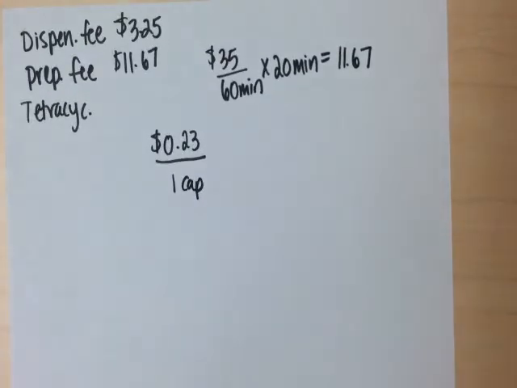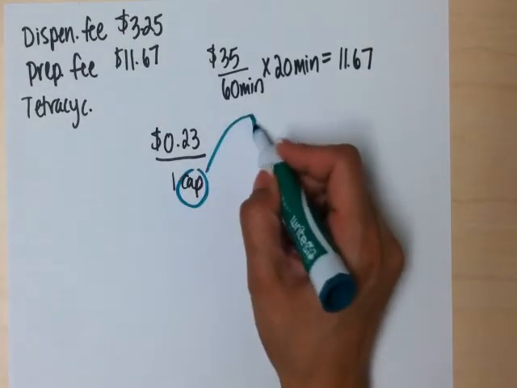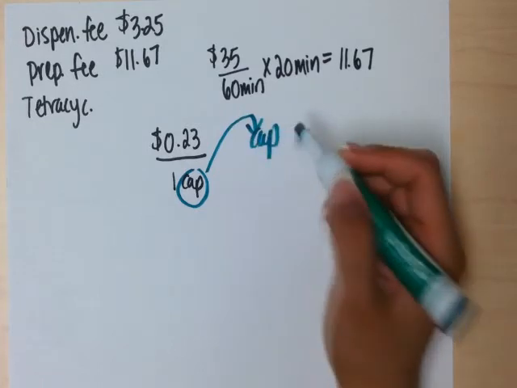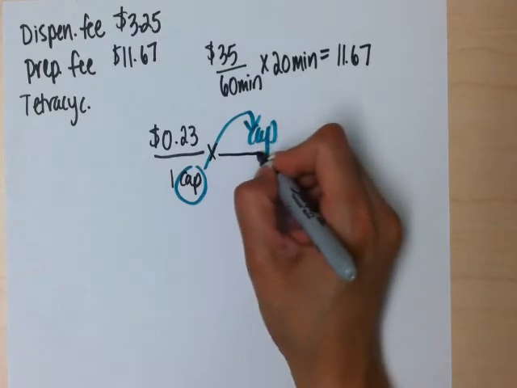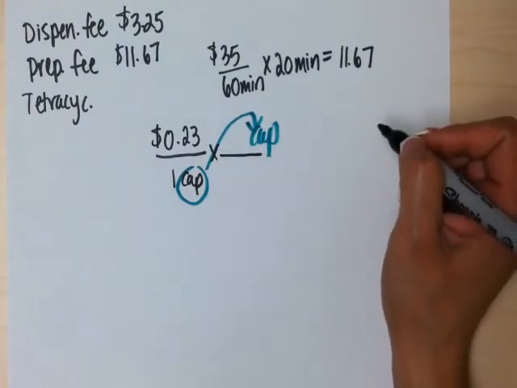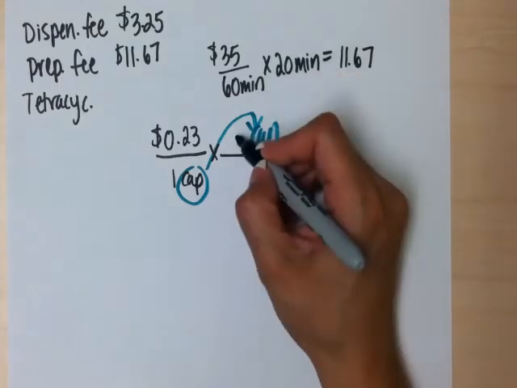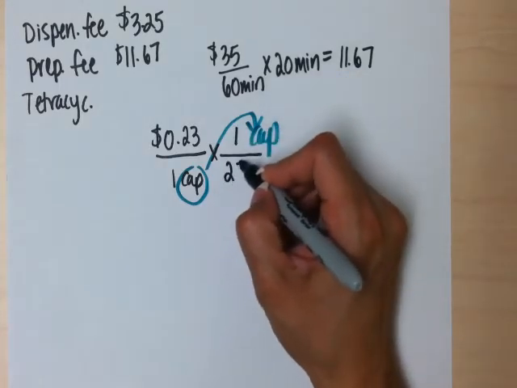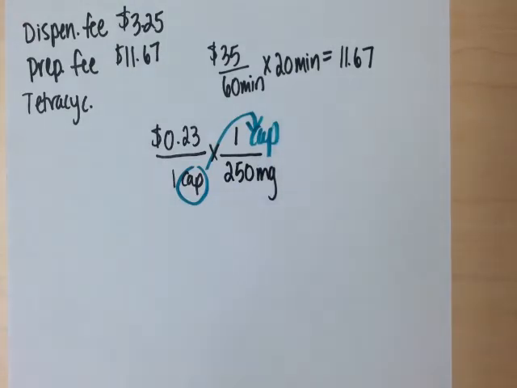And if you remember, it should be repetition by now, but we have capsule here. We know capsule will be the next unit. And the capsules we're using are 250 milligram capsules. So I'll have one capsule over 250 milligrams.